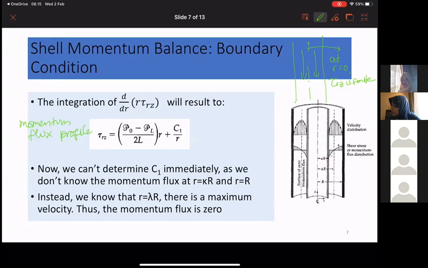So we write the inner wall length as a fraction, and the fraction is called kappa. And the larger one is at r equal to r.